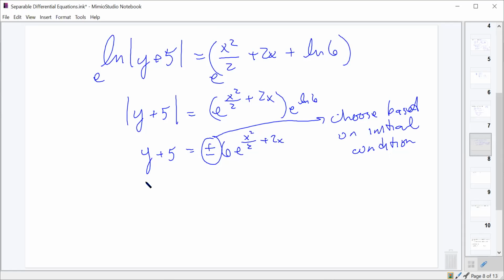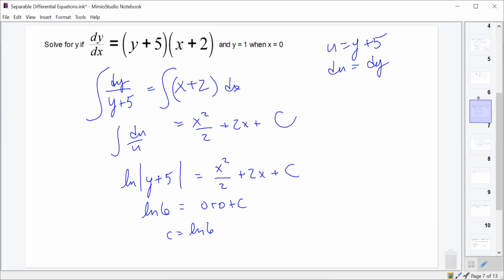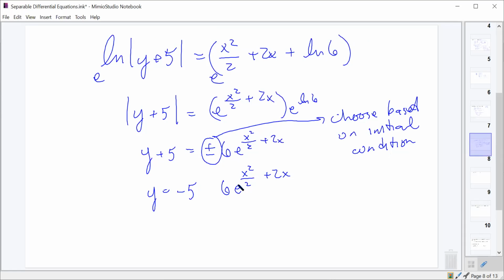Okay, so we end up with y equals -5 plus or minus 6e to the x squared over 2 plus 2x. Our initial condition was when y was 1, x was 0. So if I put in 0 for x and 1 for y, do I need the plus or the minus in here?